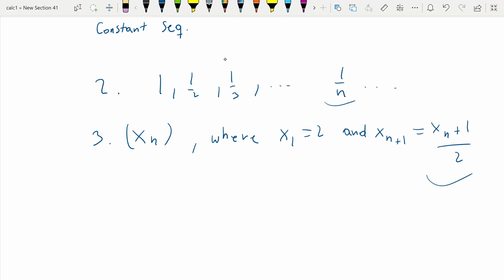I also pointed to this as being an explicit thing because from this relation you can actually retrieve a very explicit expression for x_n in general. But sometimes you will be given sequences which are defined in a recursive way.